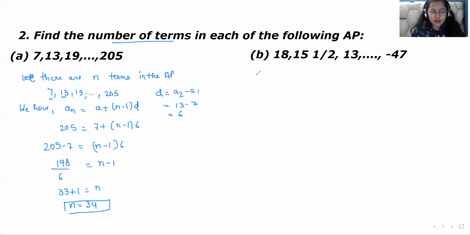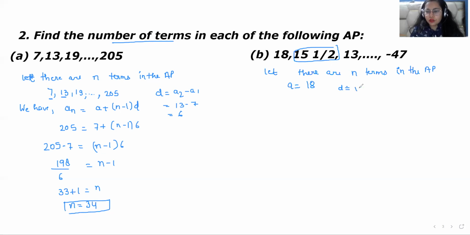Now do this question, the same thing. Let there be n terms in the AP. Our first term is 18. Our difference is, first we are going to solve this: 15 whole 1 over 2 minus the first one, 18.